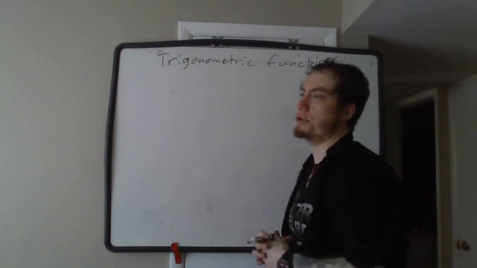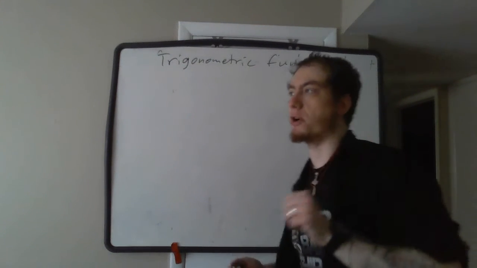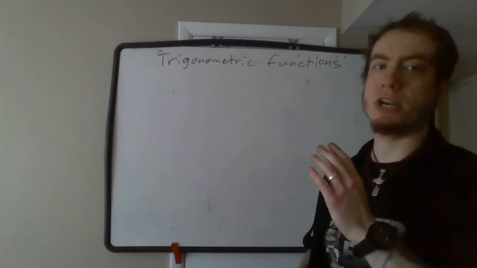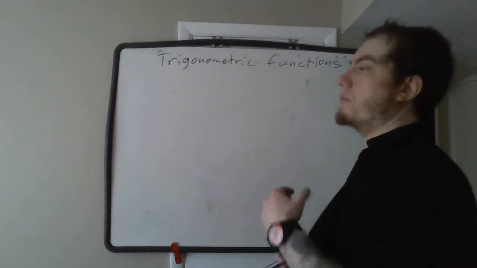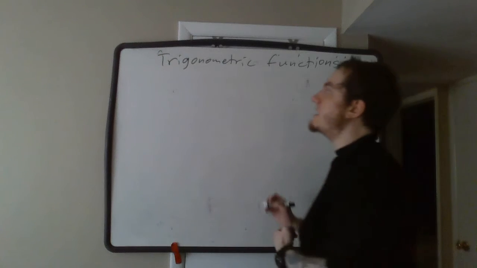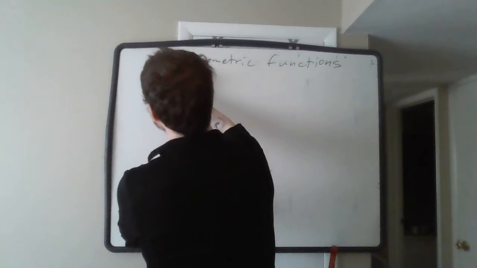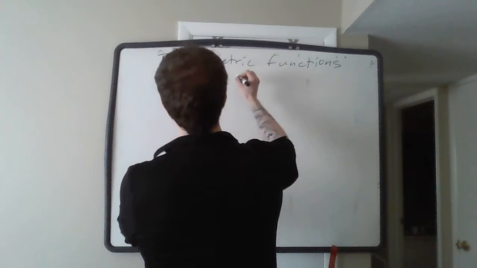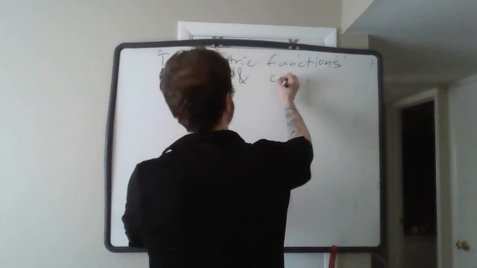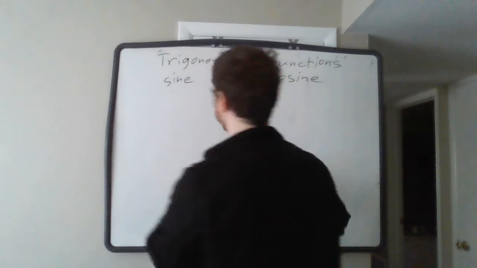There are 2 basic trig functions, and the other 4 are defined in terms of these basic functions. The 2 basic functions are the sine function and the cosine function.